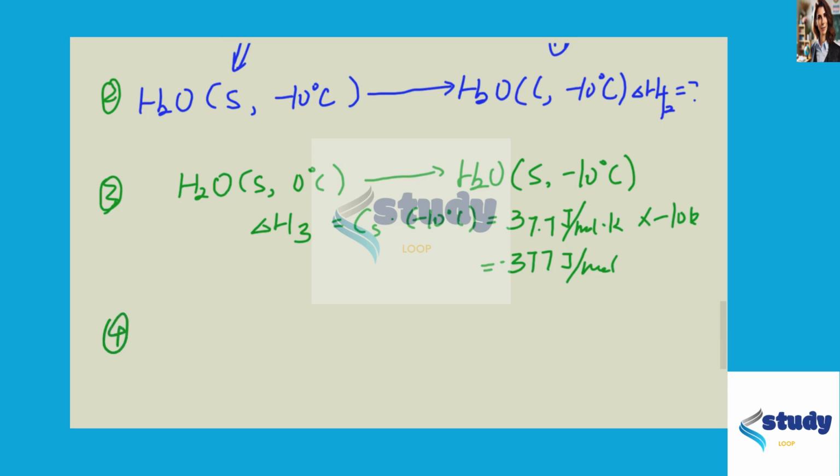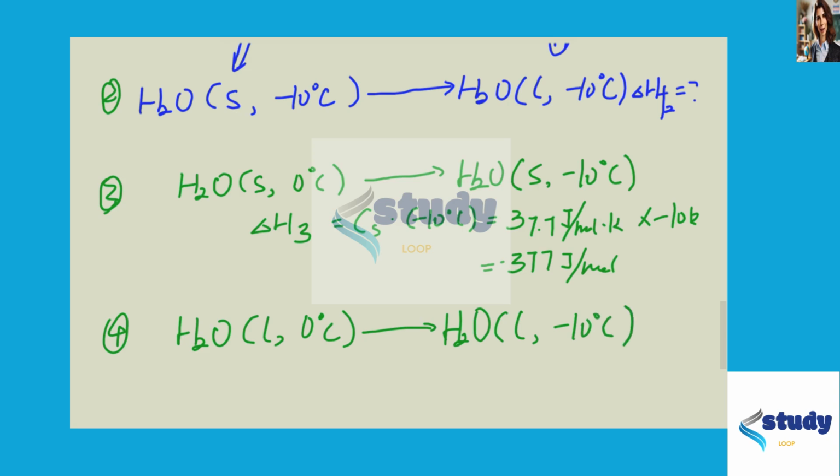And the fourth equation is basically the liquid at 0 degrees C. When you cool down the temperature, it remains liquid phase but goes to -10 degrees C. What's the energy involved? It is heat capacity times the change of temperature.